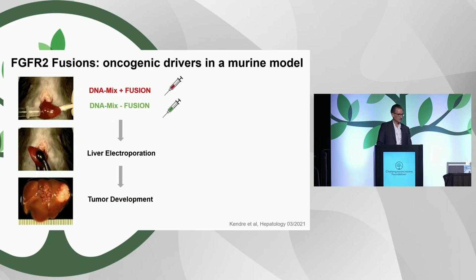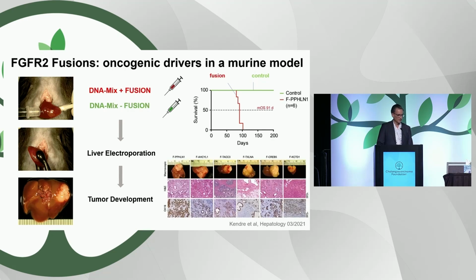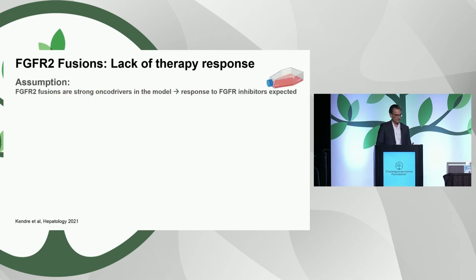To look at this, we used a preclinical model where we injected some oncogenic drivers, including FGFR2 fusions, and we were able to show that when we add the FGFR2 fusions, we get a very high penetrance of cholangiocarcinomas, which mimic the human tumors, and our control mix did not develop any tumors, indicating that the FGFR2 fusions are strong drivers.